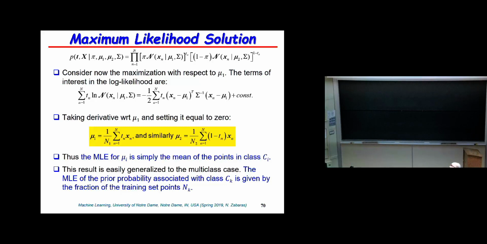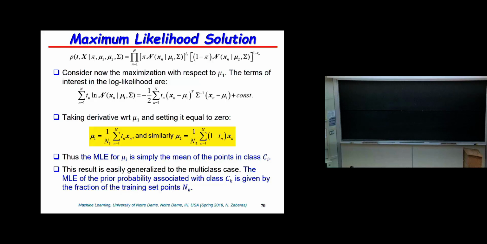You remember the labels again are 1 and 0. So what is this summation? What contributes to this summation? Only the points that belong to what class? Only the points that belong to class 1, because for class 2, the labels tn are equal to 0.